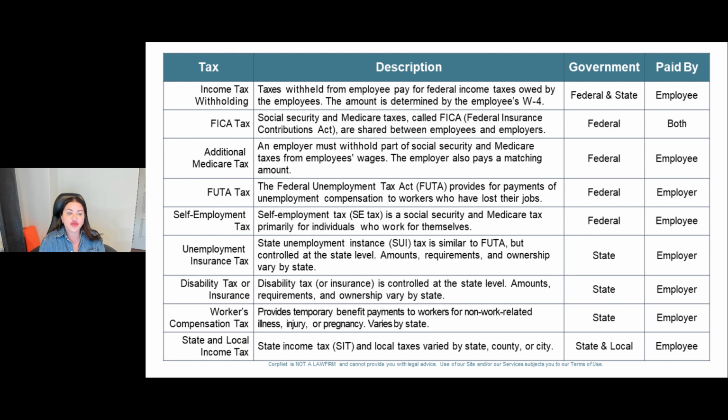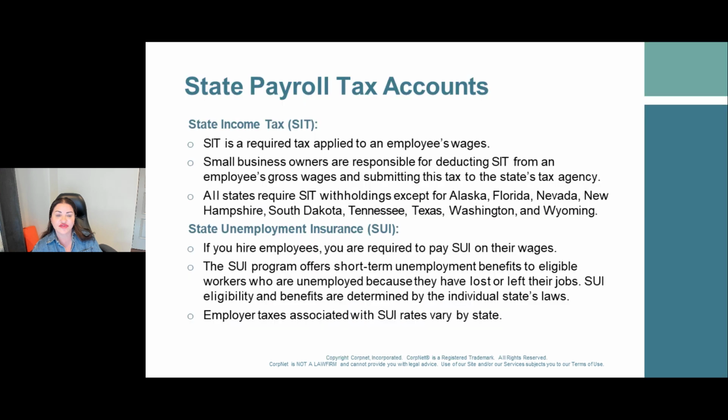Whereas, for example, the additional Medicare tax is only paid by the employee. The unemployment insurance tax is a state tax that's normally paid strictly by the employer. So take a look at this tab. As we've presented it to you, you can always reach back out to it and familiarize yourself with it.